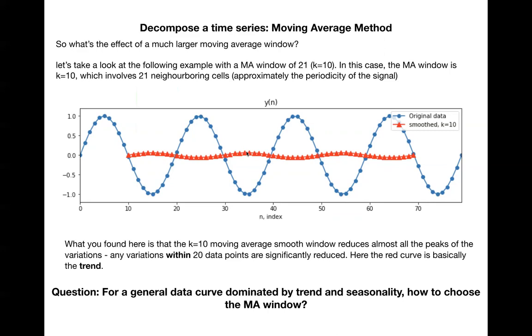The first thing I think you need to know is what's the period in your data, or what's the variation frequency or periodicity of the seasonal variations. Once you know that, you know which window to choose, because you want to eliminate all the regular variations within that periodicity. So that periodicity of the seasonal variation is the window you need to use.